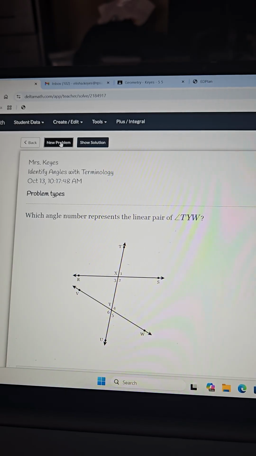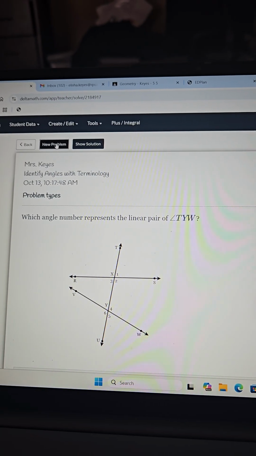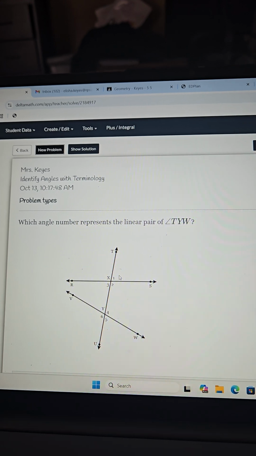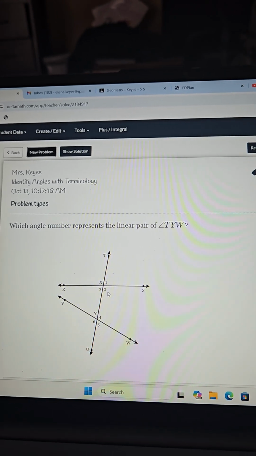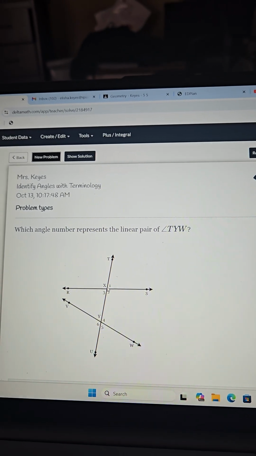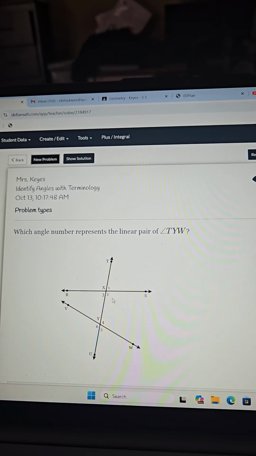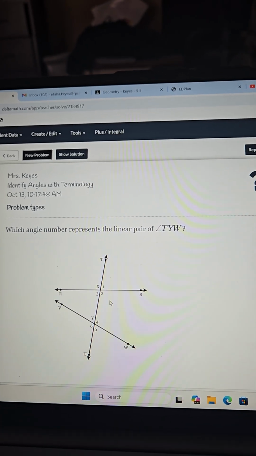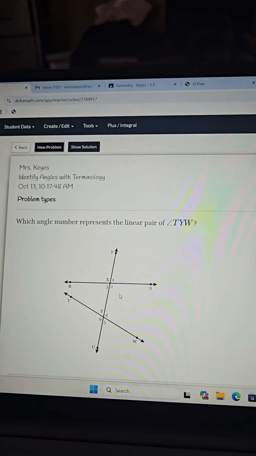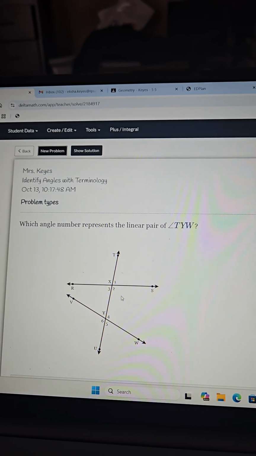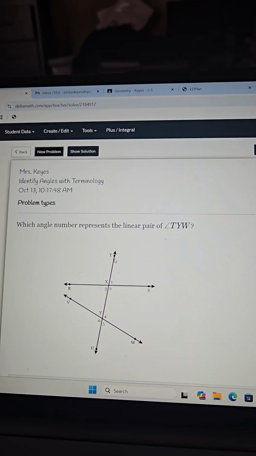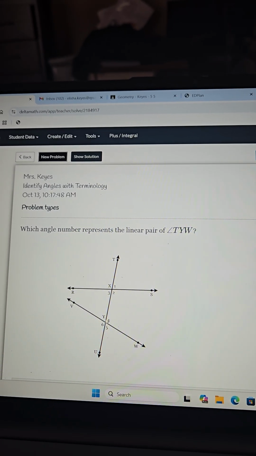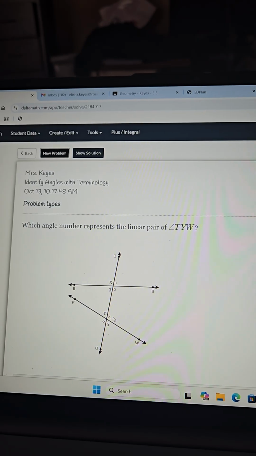Okay, which angle represents the linear pair of TYW? So linear pair means that they're on the same line, and for a linear pair, they add up to 180, but this is just wanting you to identify a linear pair, not give you the value. So of TYW, we have T down here to Y, then to W. So it's number 4 that they're talking about, and they want a linear pair.